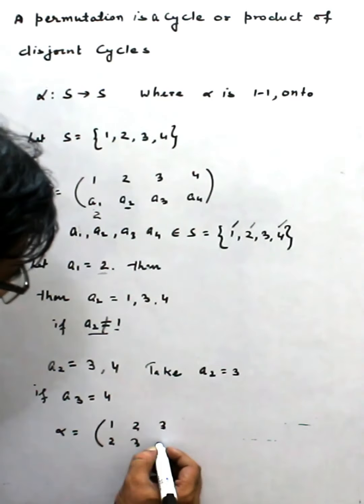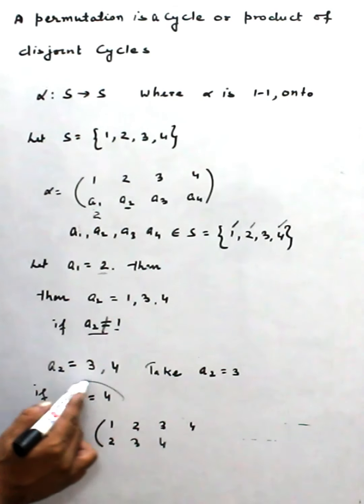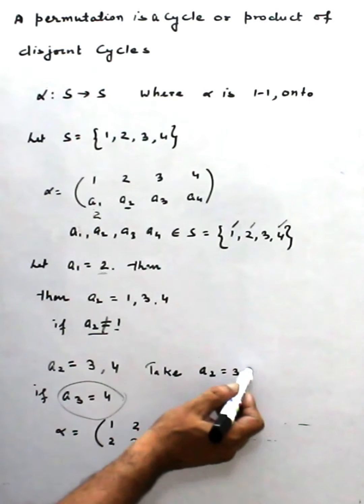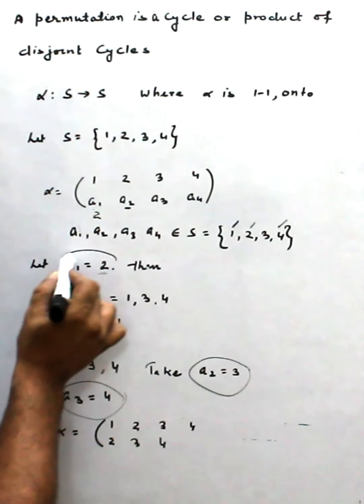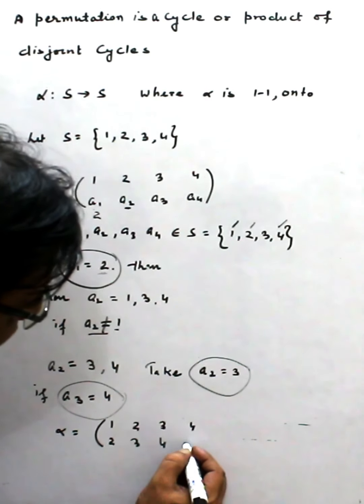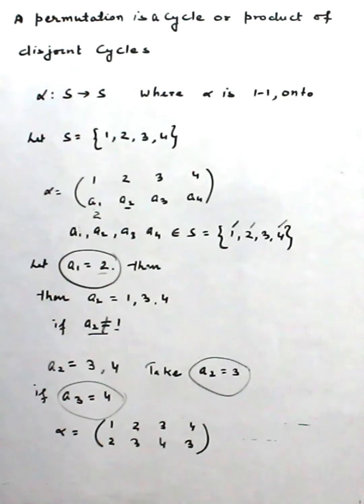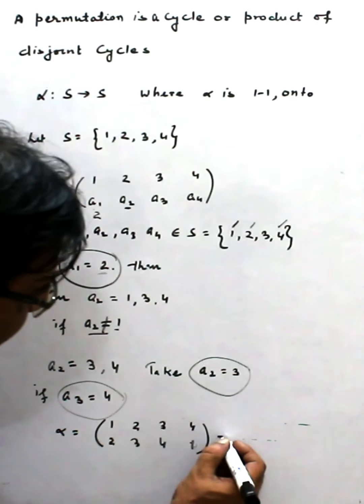Now A3 I have taken 4. Now what choice for A4? So these things you have to remember, this and this we have selected. So what is left for A4? A4 definitely, because only one element is left, that is 3. That is 1. And in this case what happened?